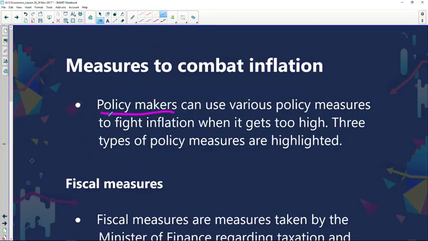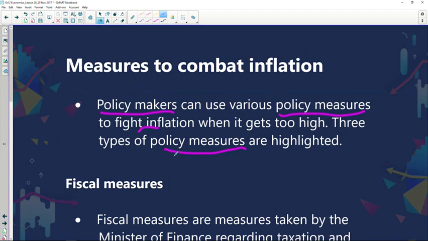Policymakers can use various policy measures to fight inflation when it gets too high. Three types of policy measures are highlighted. Here we are dealing with a decision that is made by the Minister of Finance and the Monetary Policy Committee.